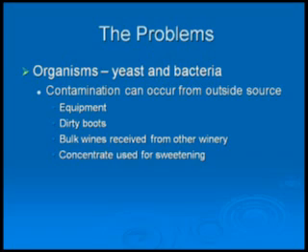And to take this one step further, even concentrates, which are sometimes used by wineries for sweetening, whether grape concentrates or other fruit concentrates, you would think would be fairly sterile and stable based on their source. But it's not unusual to have the Zygosaccharomyces yeast species present in these, and they can tolerate high sulfur dioxide.